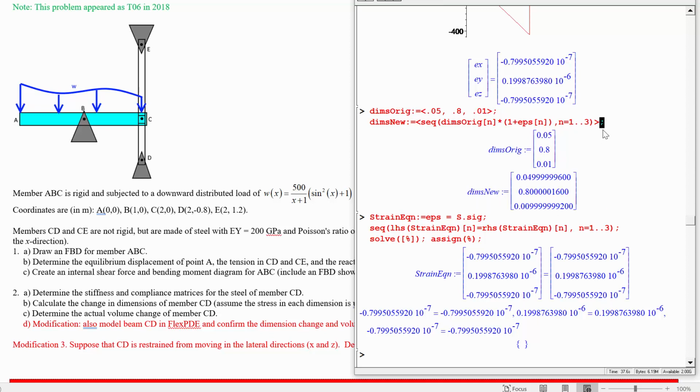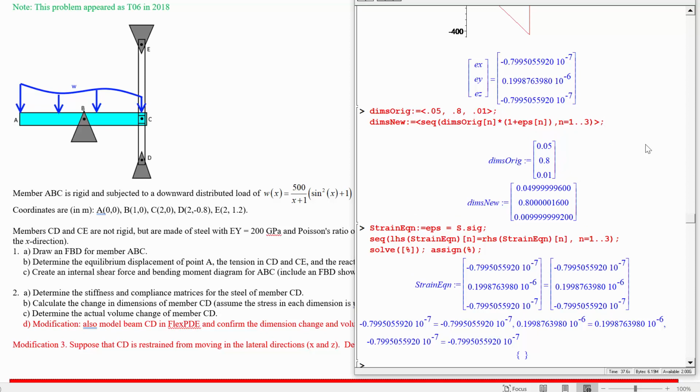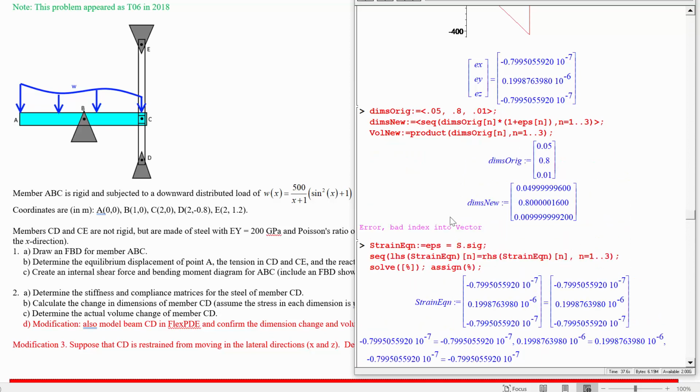So how do we find out the volume change? Well, we would have to find out the volume new by multiplying each of these three different things. And this we could do with the product function, but unfortunately the product cannot take a vector as its argument.